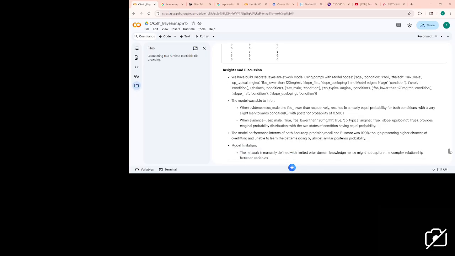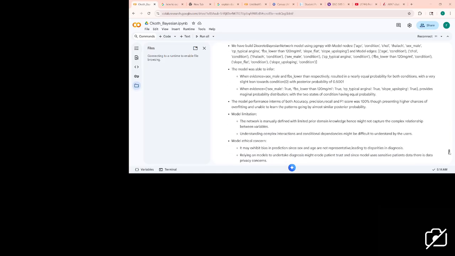The model performed well in terms of accuracy, precision, recall, and F-score at 100%, though presenting higher chances of overfitting and being unable to learn the pattern, going by almost similar posterior probability. This model had limitations, especially since we constructed the network manually.